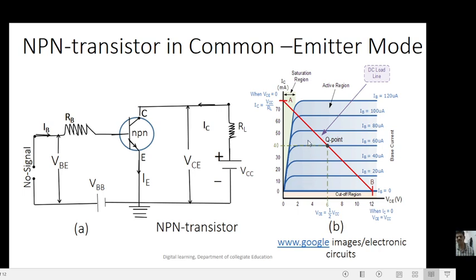As in the earlier cases, we have seen saturation region, active region and cut-off region in common emitter mode, and also in common collector mode.